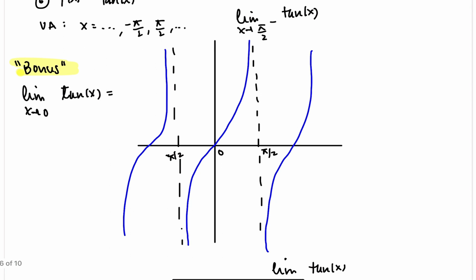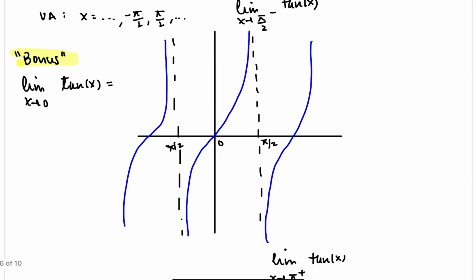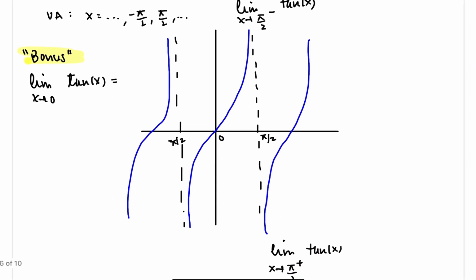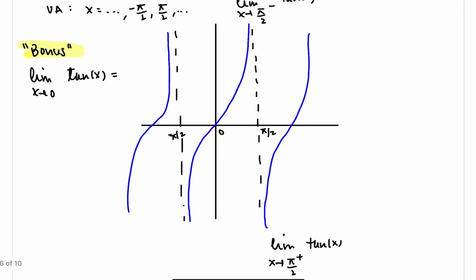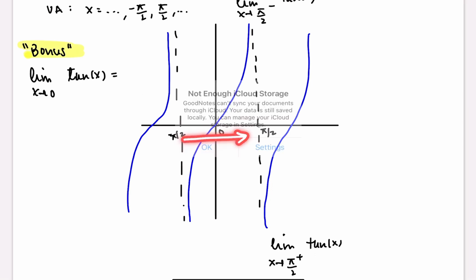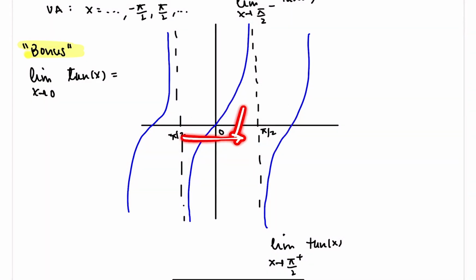And again, we can use the graph of tangent to find the limit as x goes to pi over 2 from the left and the right, just for example, okay? So as x goes to pi over 2 from the left, the graph of tangent takes me to infinity.